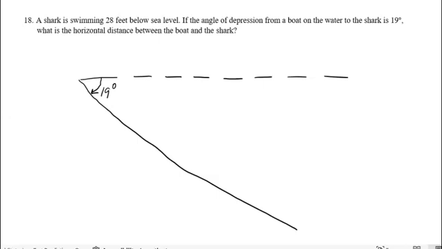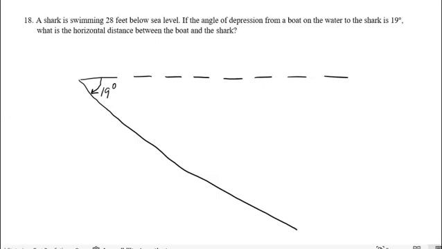So the horizontal line, we could say, is the water. Okay, so here's the water. And from water level, we're looking downward at 19 degrees. And that's going to result in our right triangle.